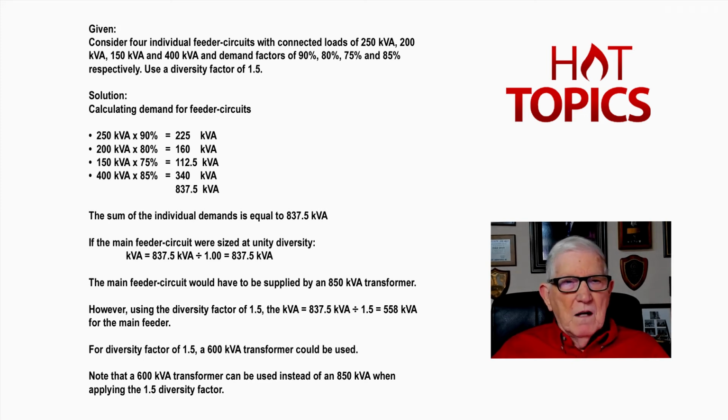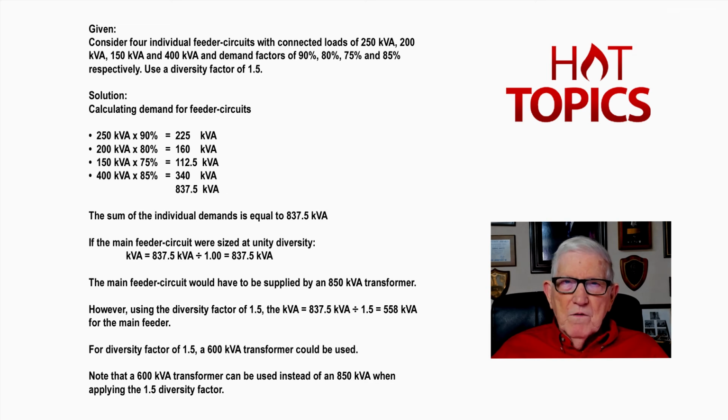Equal to 837.5 kVA. Now, we can take that rating and divide it by 1,000, and naturally we're going to come up with 837.5 kVA. So that feeder's transformer would be 850 kVA, the next size that we have selected. Now, using the diversity factor of 1.5, the kVA would equal 837.5, and we would divide that by 1.5.